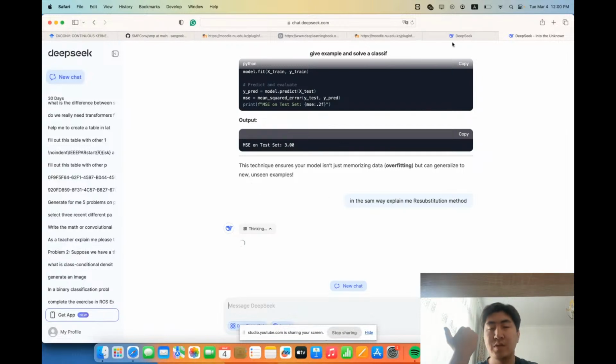So resubstitution is non-randomized. It's fixed. The reason why holdout is randomized is that, in general, when you start splitting your data set, you can randomly shuffle the data and randomly select 20 or 25% as your test set, and the rest will be used as training data, right?